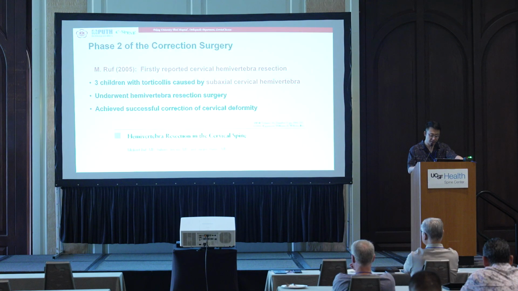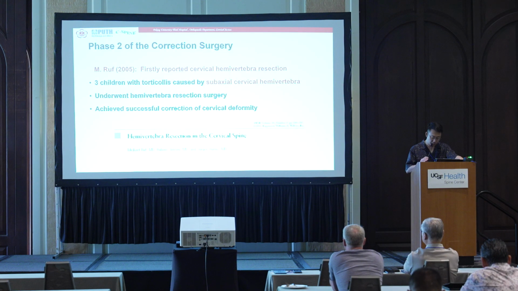In 2005, Dr. Ruf first reported the surgical resection of cervical hemivertebrae. The study involved 3 children with torticollis caused by subaxial cervical hemivertebra. All of them underwent successful resection procedures. These operations resulted in significant correction of cervical deformity.